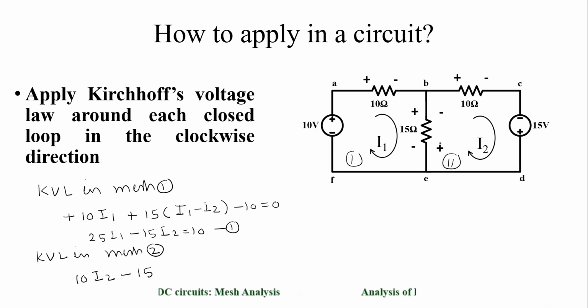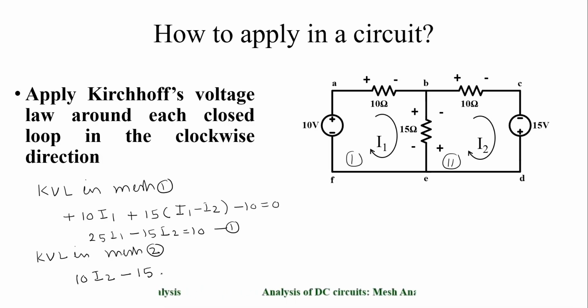And coming over here, the voltage drop across this 15 ohm. Since I am writing the KVL for loop 2, mesh 2, in such a case I'll assume I2 is greater than I1 so that I can justify this polarity.